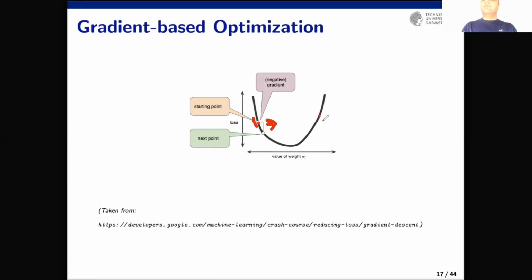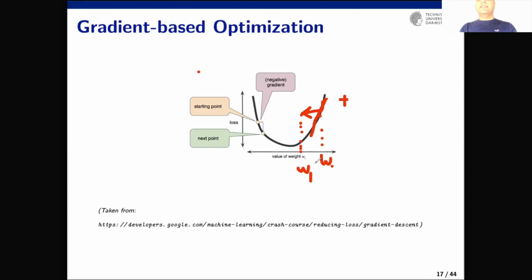But if we had started from this point, the gradient was positive, and since it is positive, we want to go in the opposite direction. So we want to decrease the value of our parameters, right? So if W0 was here, we want our W1 to be here.